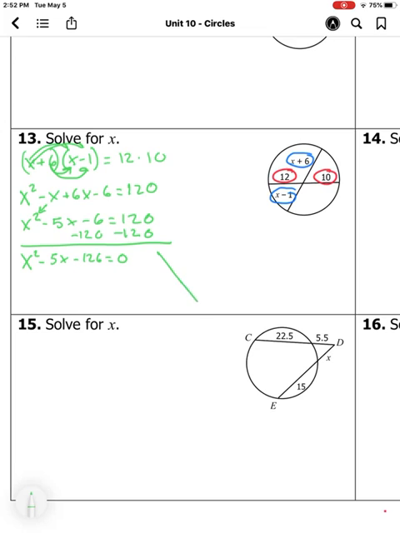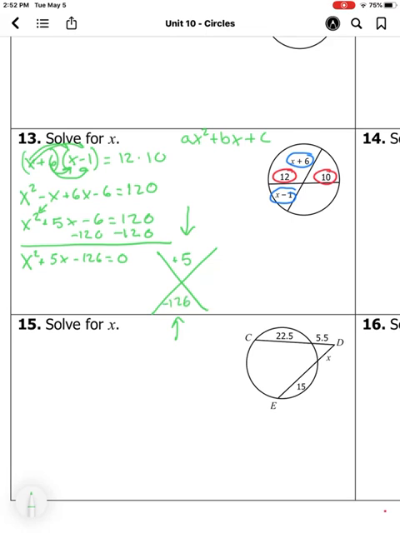And how I like to factor is I make my x, right? And in the top part of the x, I put the b term. So we have ax squared plus bx plus c. So I put the b term, which is positive 5, and then down here I put my c term, which is negative 126.